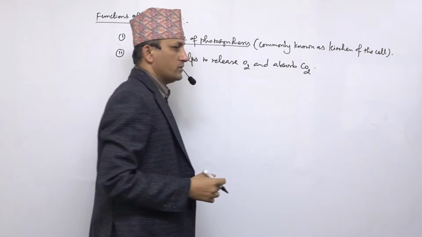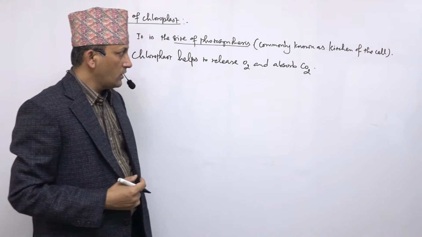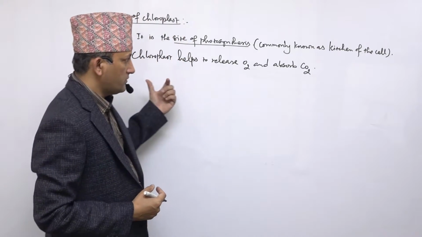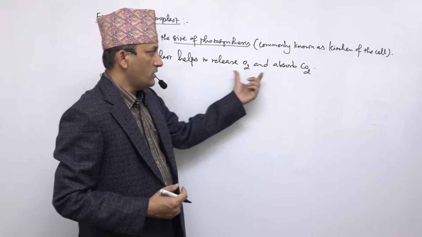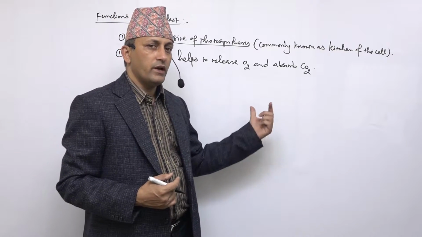These are the two important gases involved during photosynthesis. Carbon dioxide is absorbed by the plant for photosynthesis, and during the process oxygen is released into the atmosphere, and this oxygen is utilized by all living beings.